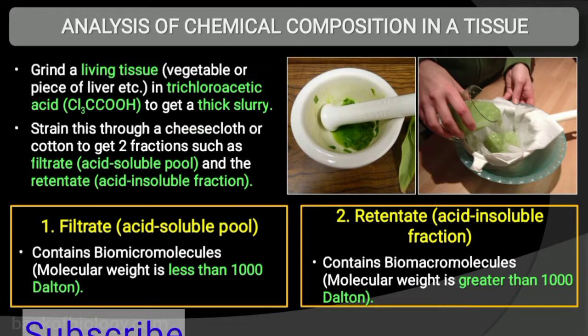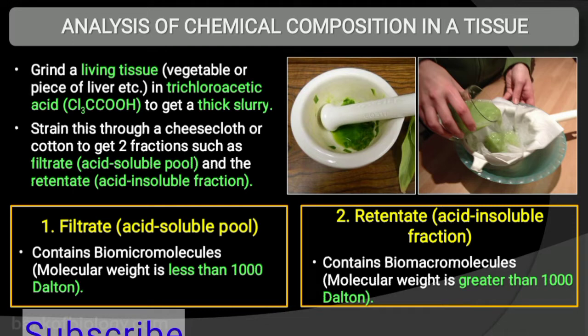Analysis of chemical composition in a tissue: grind a living tissue, like a vegetable or a piece of liver, in trichloroacetic acid, Cl3COOH, to get a thick slurry. Slurry means powder or paste.